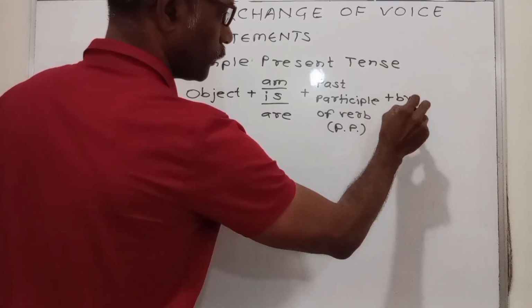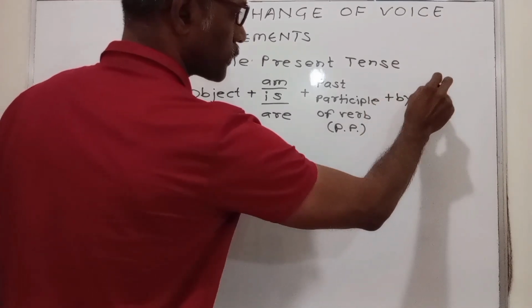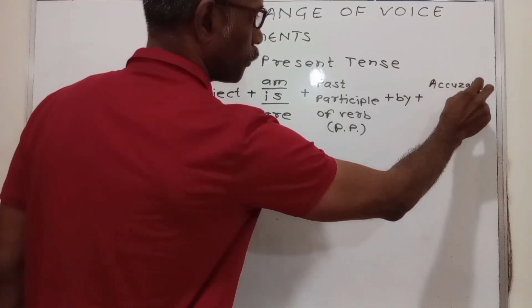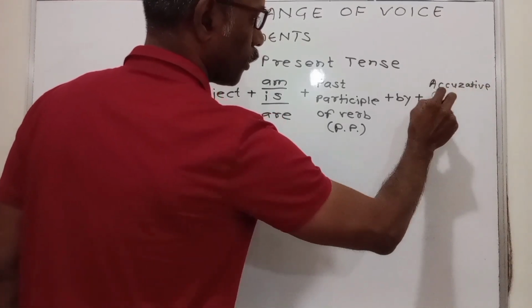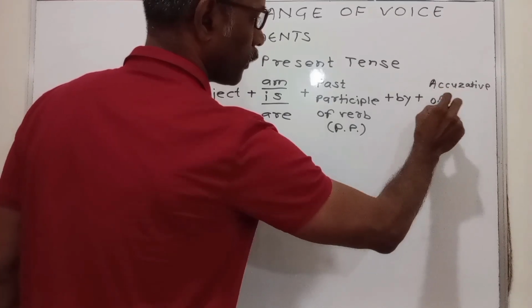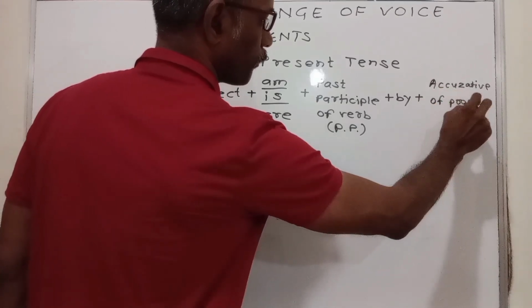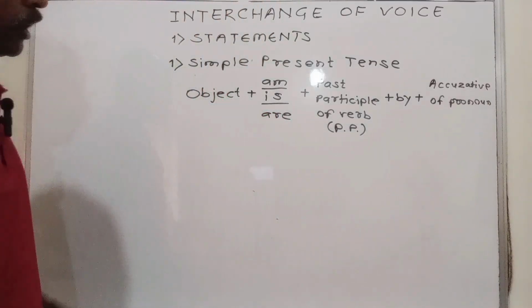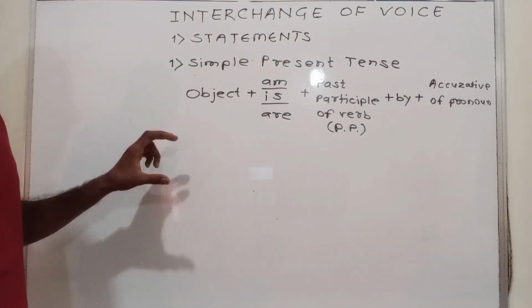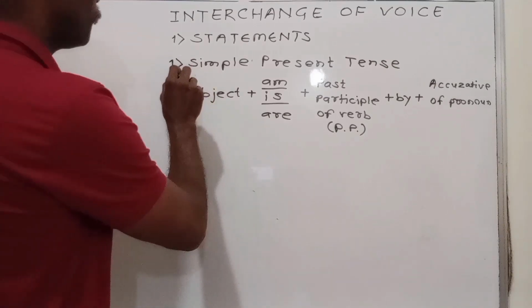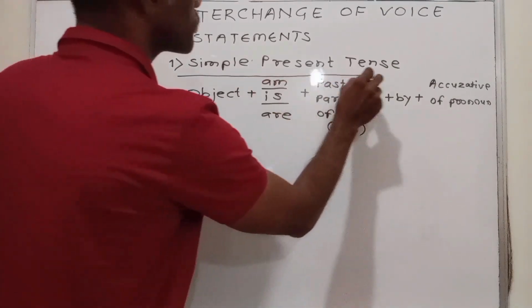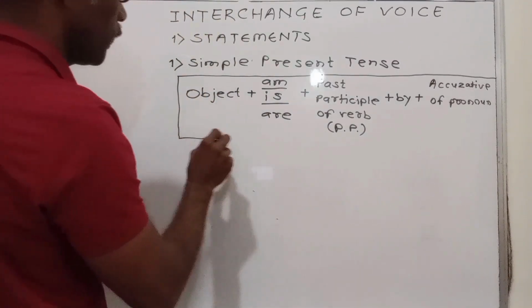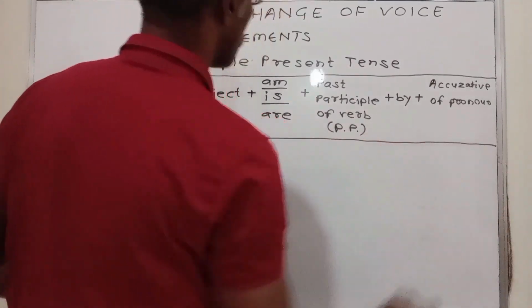Then we write here by plus accusative of pronoun. This is our rule of passive voice.